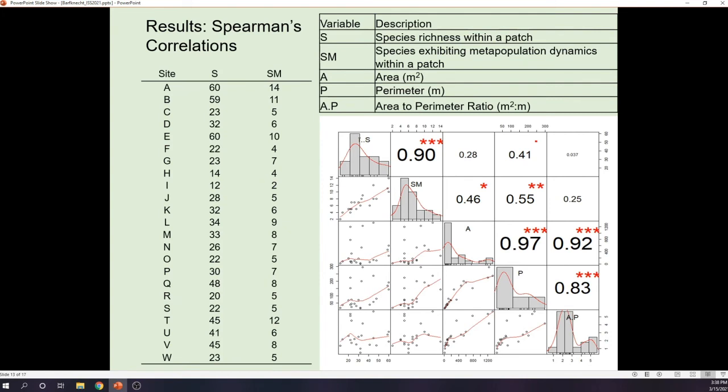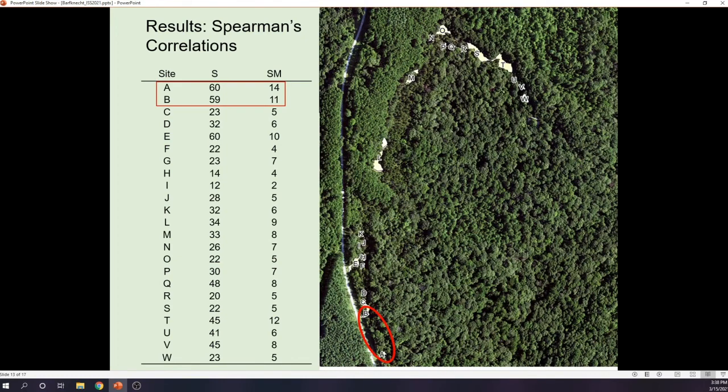And then here is the total species, as well as species that are present that have metapopulation dynamics. I just wanted to point out the areas here for future restoration efforts that I think are worth preserving, saving. Part of them are the ones that are largest and closest to the road, it seems. So the areas that have the largest total species, as well as the highest number of metapopulation species, tended to be larger and closer to roads, such as A and B down here.